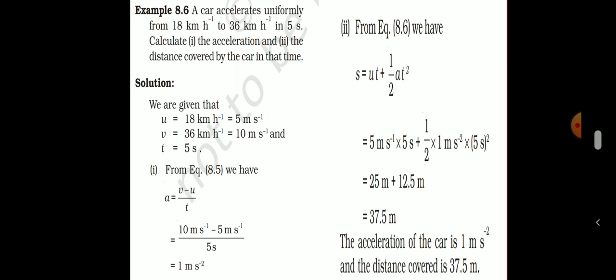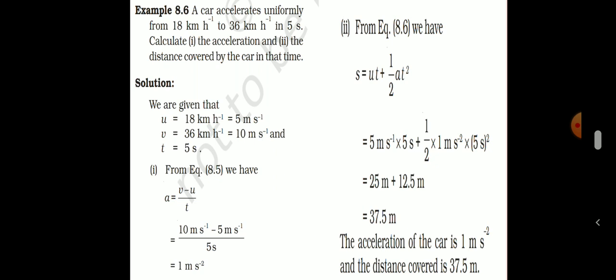So the first step is to write whatever are the given quantities. Again, it is mentioned that a car accelerates uniformly. That means it is a uniform acceleration, right? Velocity is increasing at a constant rate. Here, a car is having certain initial velocity.